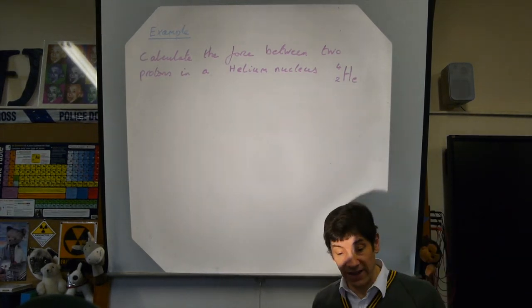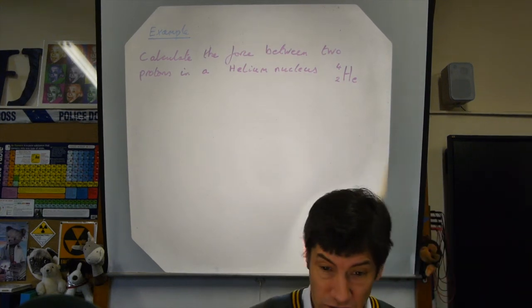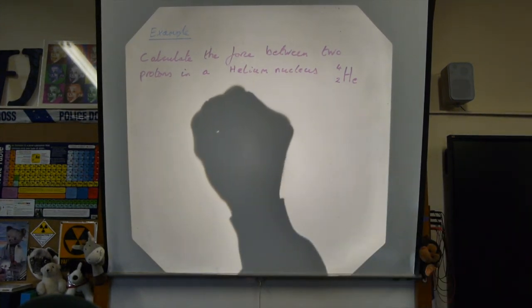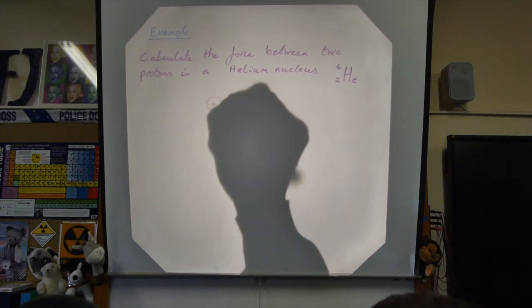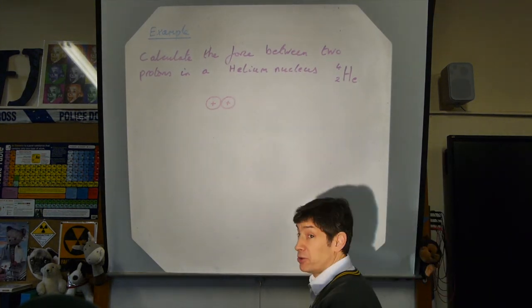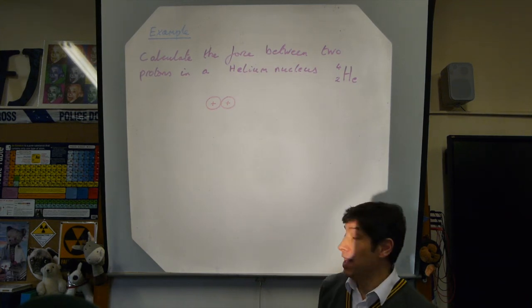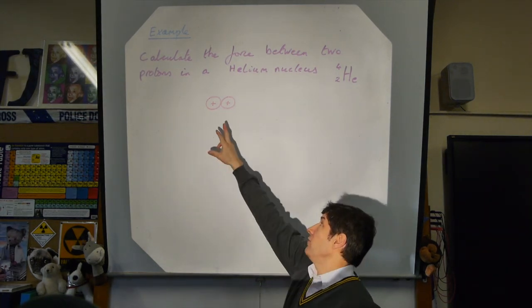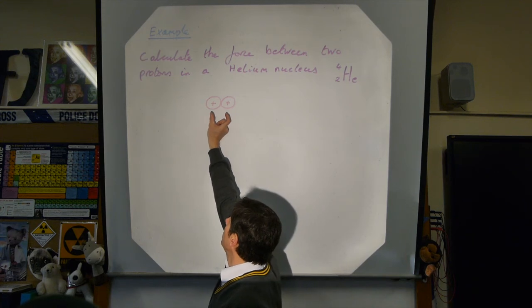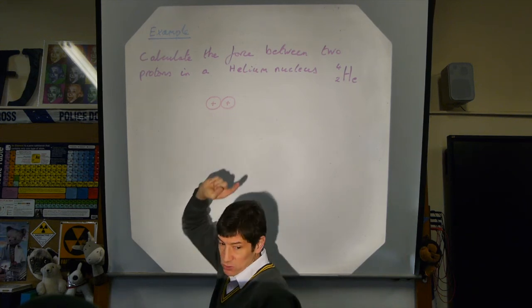So this is a fairly typical sort of thing to do once you've got the idea of Coulomb's law. Here's our first point charge, we consider our proton, and here's our other proton. We need an idea of what charge is on those protons, I think you know that. And we also need to know how far apart they are. If you take the width of a proton and slide halfway along, you're now at the middle of the next one.